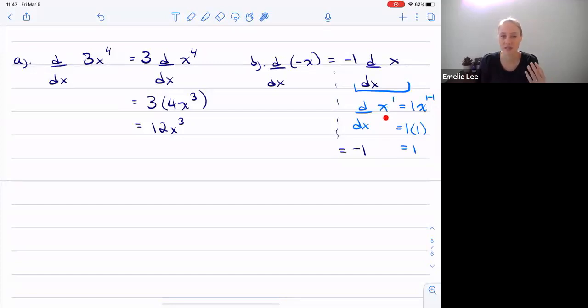A constant is something times x to the power of 0. 6 as a constant is 6 times x to the power of 0, but then I move that 0 out front and that's why it becomes 0, right? So we could actually skip those first two facts that we started with and only have the power rule and the constant multiple rule. Okay, good.